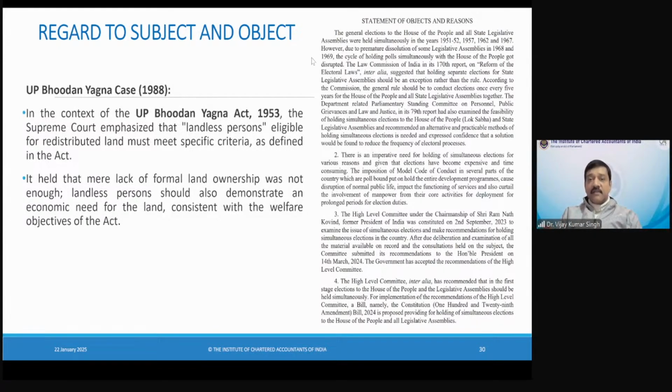This statement of objects clearly says that general elections of the House of the People and all legislative assemblies were held simultaneously during this period. However, subsequently, because of premature dissolution of some legislative assemblies, the cycle was disrupted. And further, the Law Commission has, in its report, given the suggestion that there should be simultaneous elections.